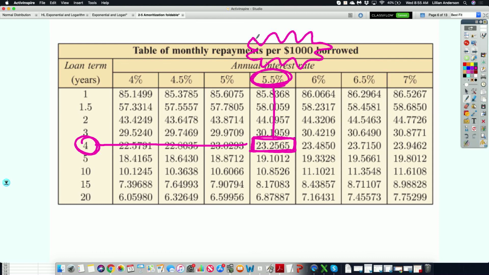How much money is she borrowing? $16,500. So how many thousands is that? 16.5.